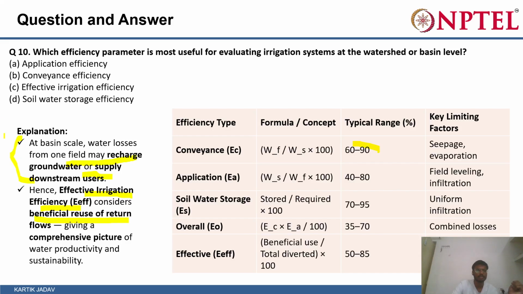So the correct answer is option C. Effective irrigation efficiency is the most useful parameter at watershed or basin scale. And these are the different typical ranges of each efficiency.